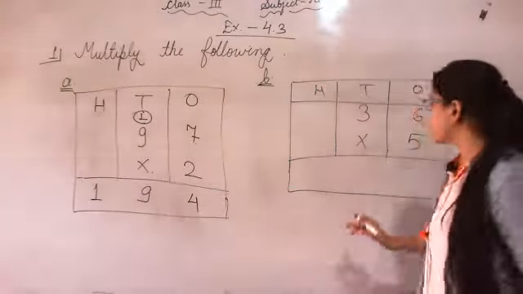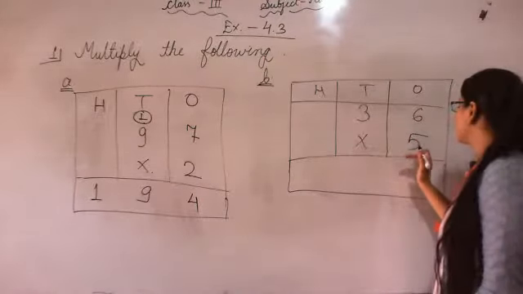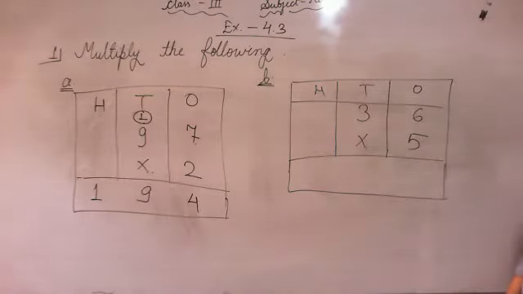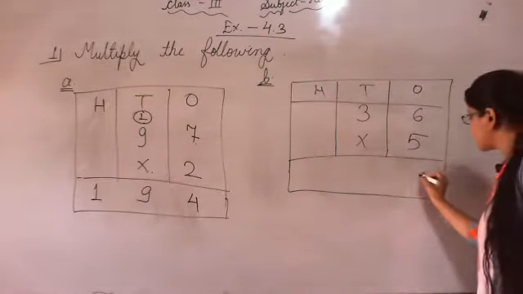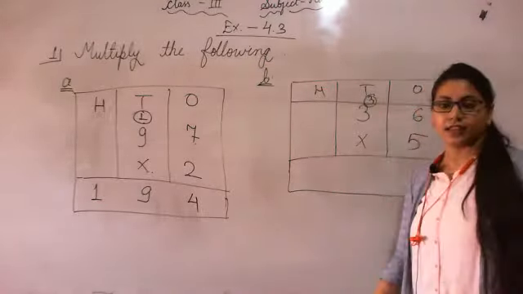So once again, first of all, we will multiply the ones, then we will multiply with tens. So 5 into 6, 5 sixes are 30. So 0 we will write here and 3 in the form of carry.